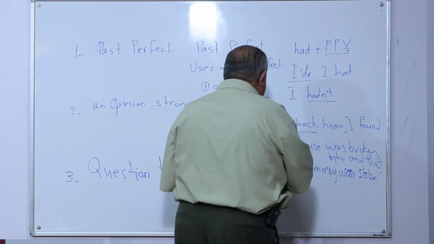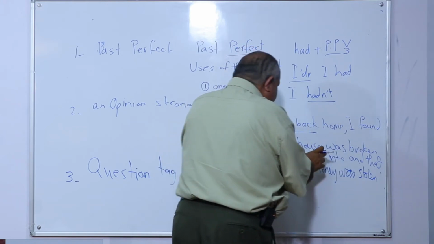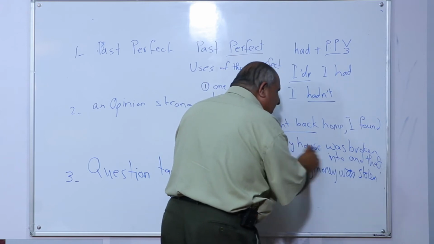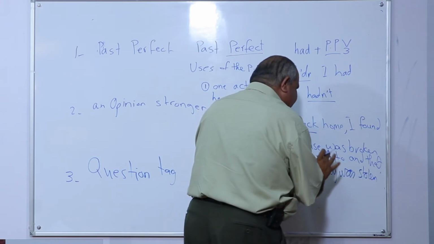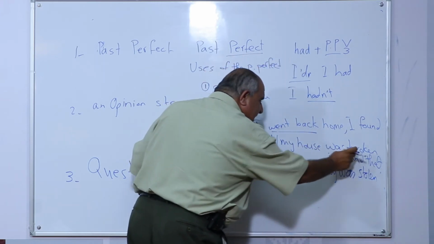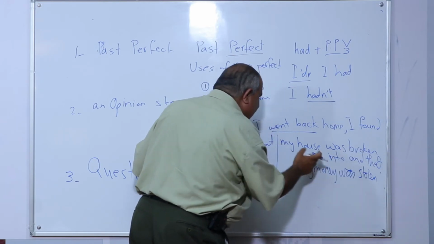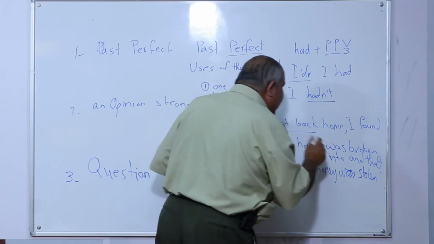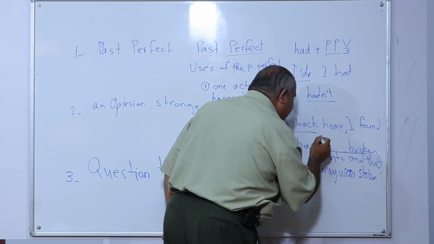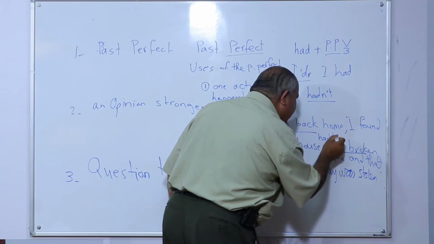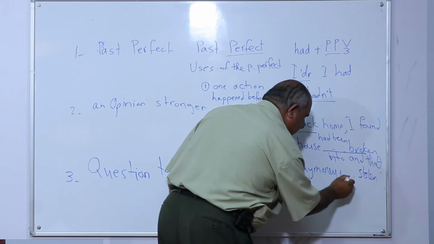Okay, again. When I went back home, I found out that my house, now the sentences alone, my house was broken into, my money was stolen, are in the past simple tense but in the passive. Now, to show that these actions, breaking into the house and stealing the money, happened before going back, this tense must be in the past perfect. So we say my house had been broken into and that my money had been stolen.